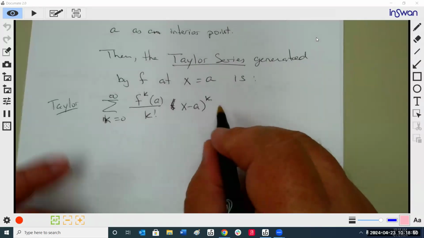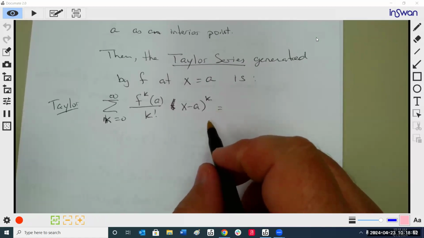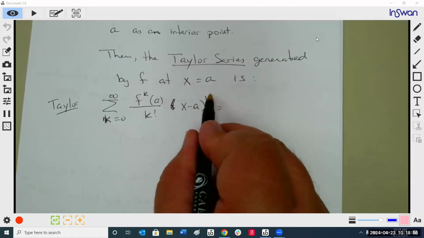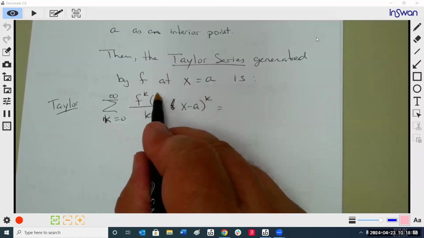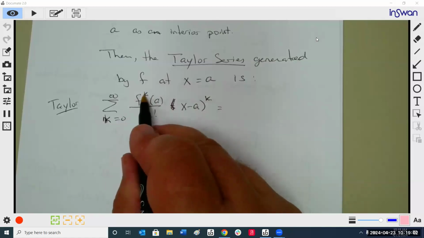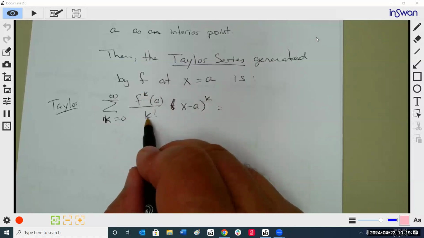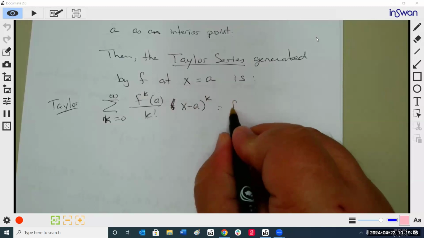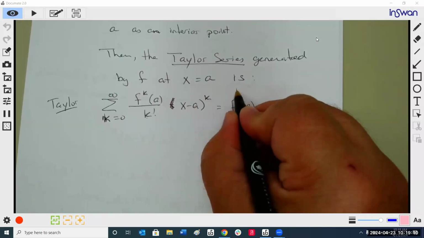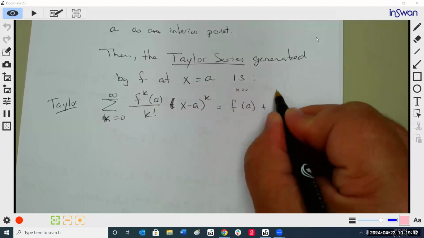So let's see, when k is 0, that's 1. This 0 means no derivative, and 0 factorial is 1, so it's just f of a. This is k equals 0.